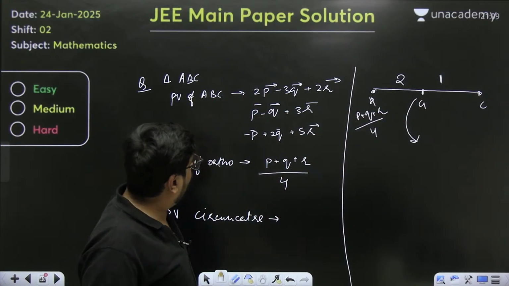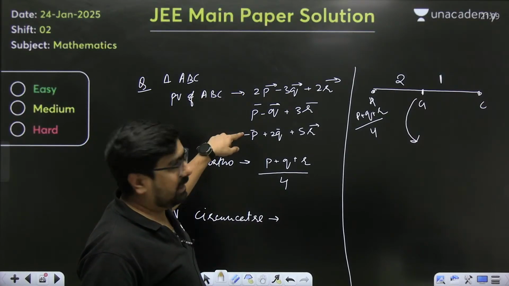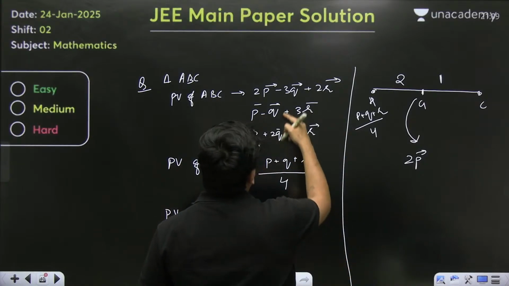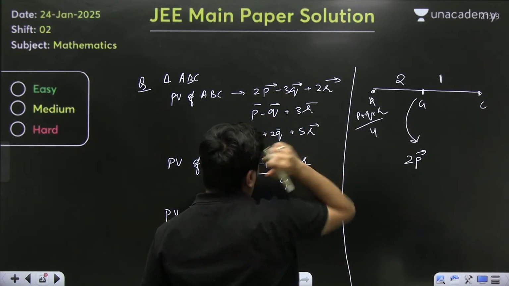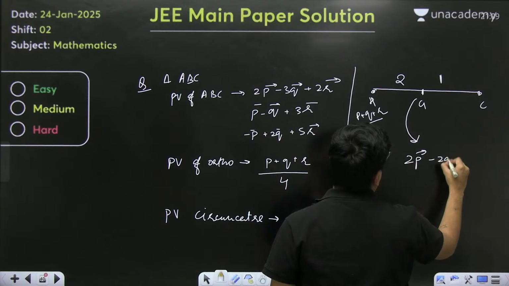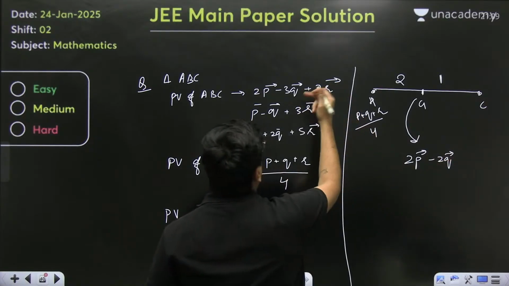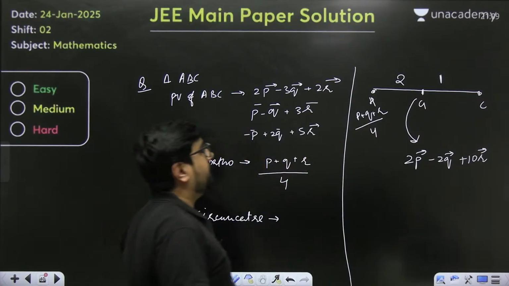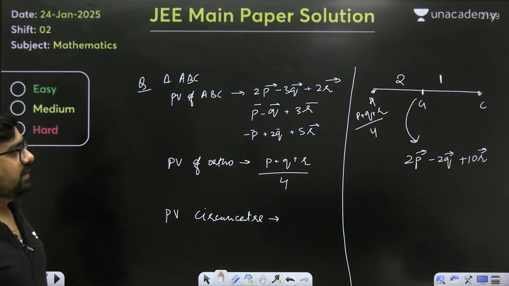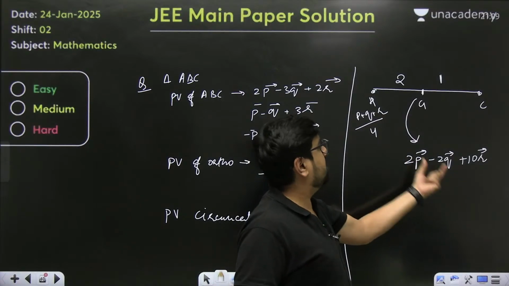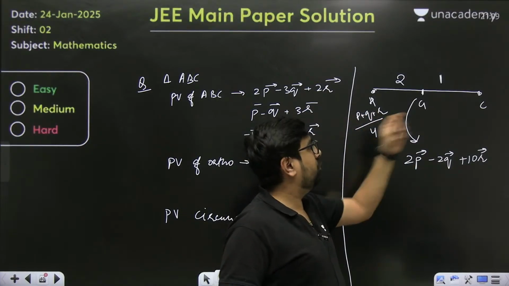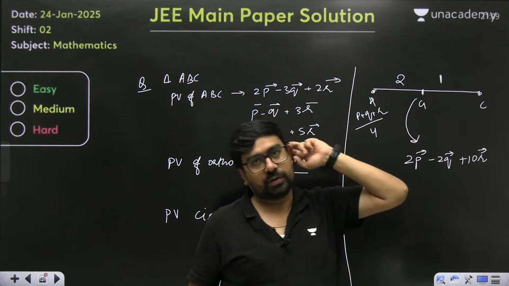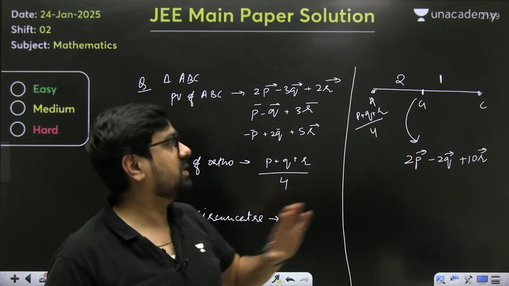That will be 2 plus 1 minus 1, so 2p vector, minus 3 minus 1 minus 4 plus 2, so minus 2q vector, and 2 plus 3 plus 5, so plus 10r vector. So you already have the position vector of point G and of the orthocenter. The circumcenter you can easily find using this ratio 2:1. If this is the question, this is what you were supposed to do.